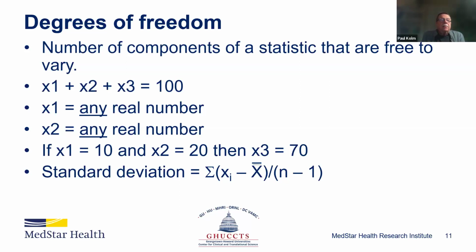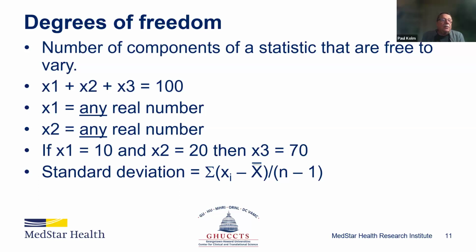Obviously, it can be any real number, even a negative number. The same with x2. But if x1 equals 10 and x2 equals 20, then x3 has to be 70. So in this case, we would have 2 degrees of freedom. We have 2 components that are free to vary, but the other one isn't.